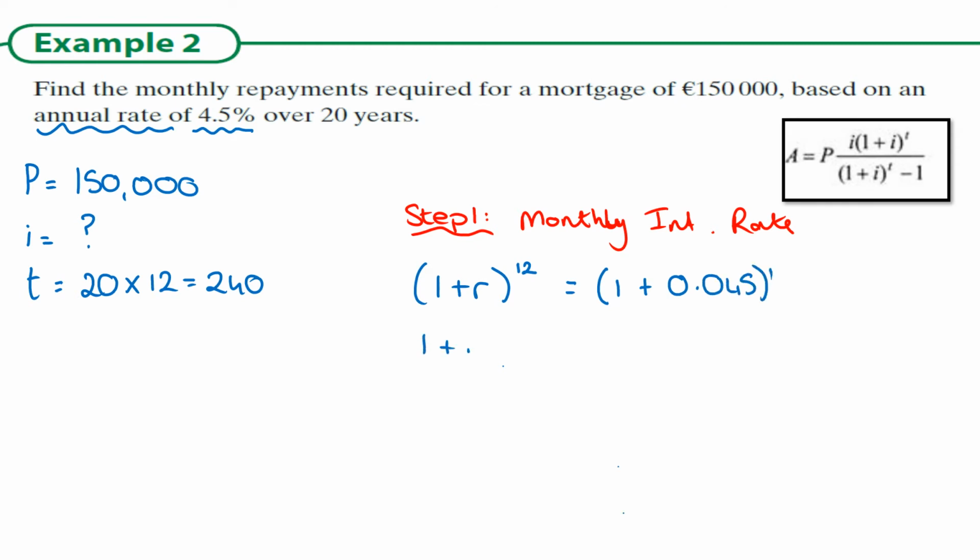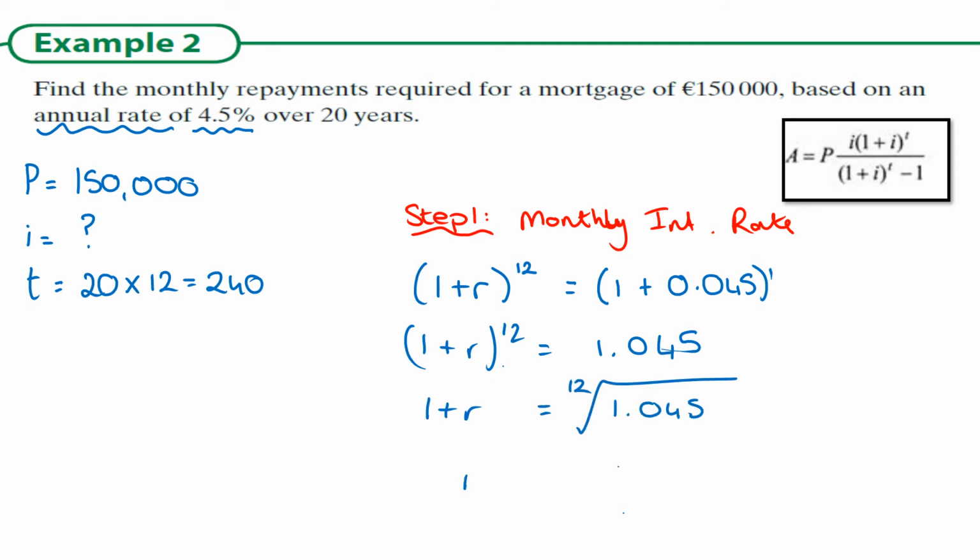So we have 1 plus r is equal to 1.045 to the power of 12. 1 plus r is then equal to the 12th root of 1.045. So r is equal to the 12th root of 1.045, and then we subtract 1.